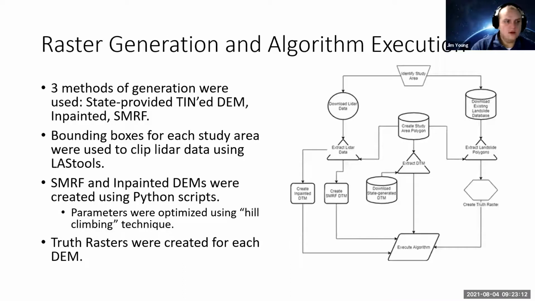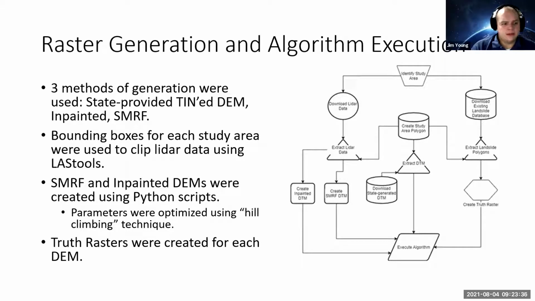So then the raster generation algorithm execution. We had three methods of generation, which were the state-provided 10 DEM, inpainted DEM, and a SMRF DEM. The bounding boxes for each study area were used to clip LiDAR data using LAStools.